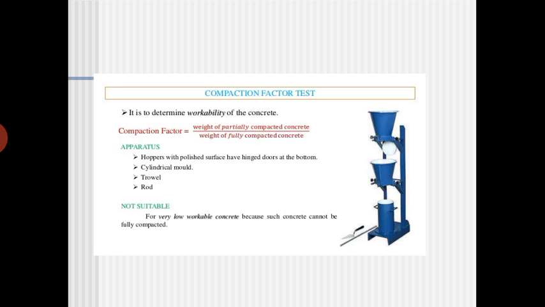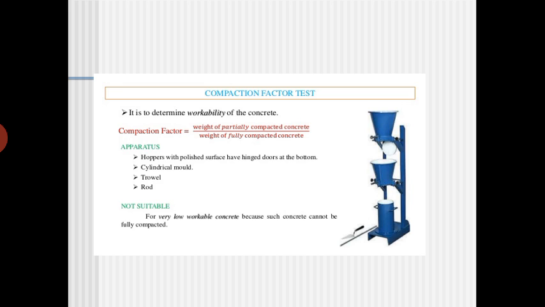Then it will start flowing into the second bucket. When it starts flowing into the second bucket, make sure that it is also not fully compacted. Then allow it to come to the bottom portion of the cylinder. There also we are not making any full compaction.